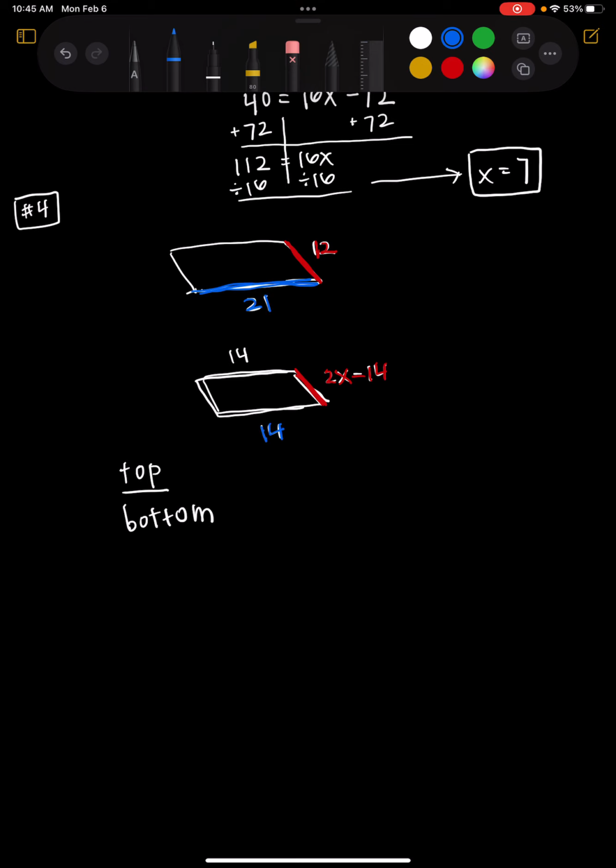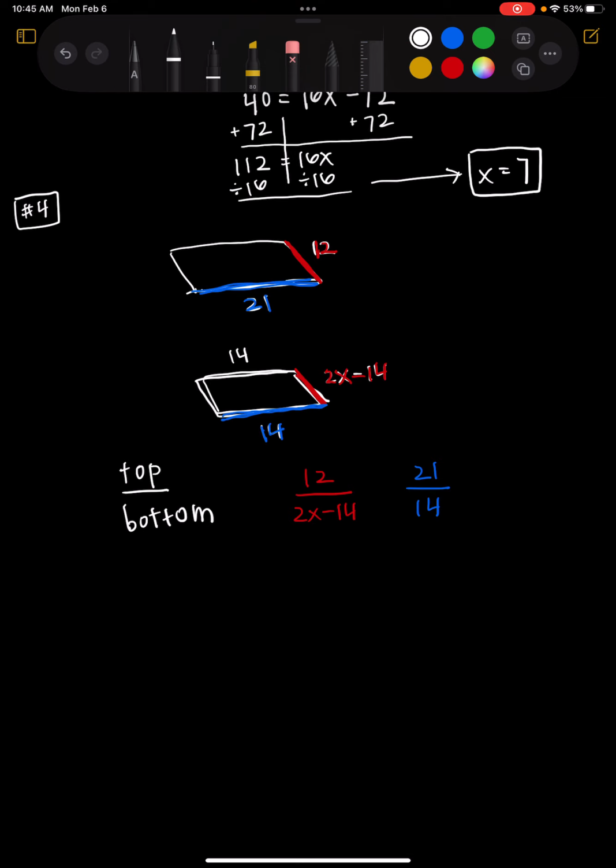And so they gave you that 14 on the top. We don't necessarily need to use that, because we already have enough. We only need 2 sides. So our first fraction, top over bottom, would be 12 over 2x minus 14. And then our second fraction, which is blue, would be 21 over 14.